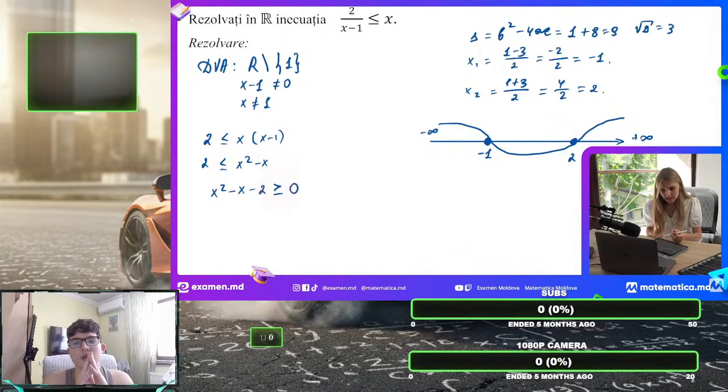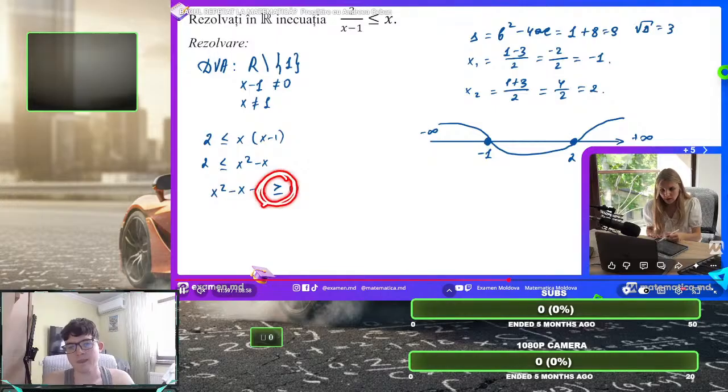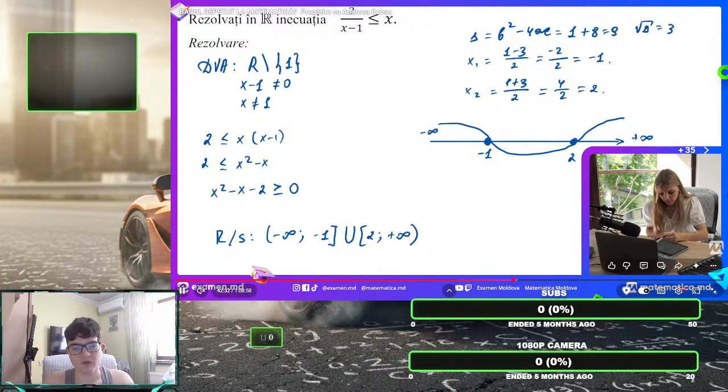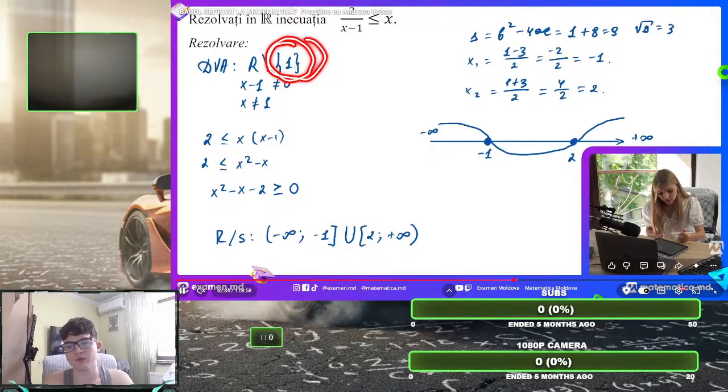It's kind of hard to not mess up and understand when you have to just scratch it or when you have to do these lines. So we need positive or equal to 0 values, so we're just going to be from minus infinite till minus 1, reunion with 2 and plus infinite. That should be the result.